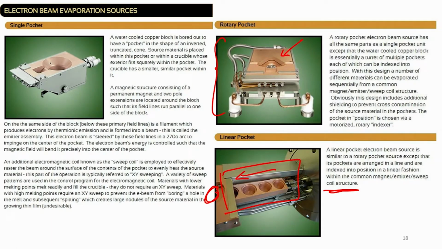This bar can move all the way here, so only this area is exposed. You can pull it this way or that way, and depending on the source that is exposed to the e-beam, we will get the material deposited onto the substrate. Substrate is a silicon wafer or any material on which you want to fabricate the sensor.